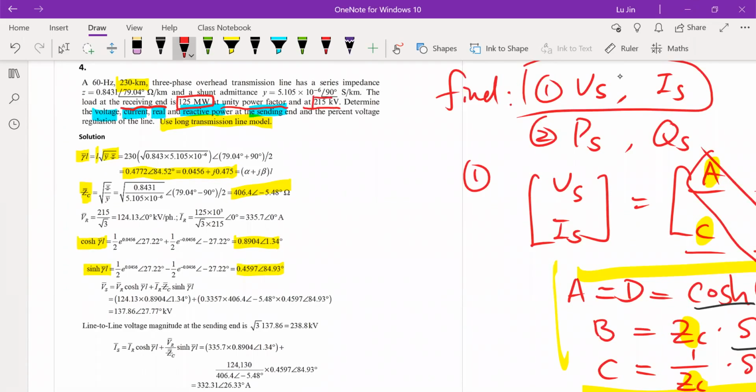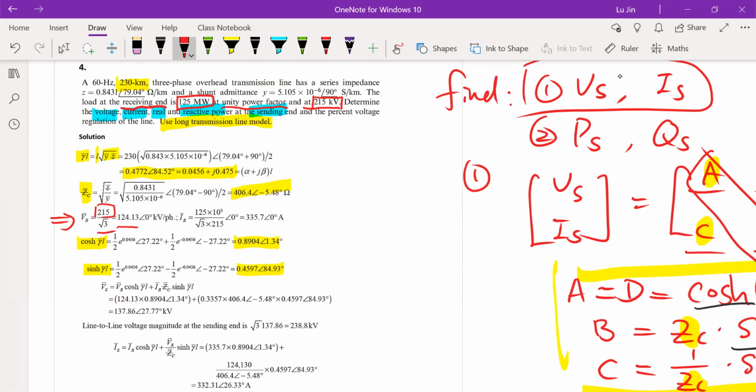This 215 kilovolts should be the line-to-line voltage at the receiving side. But we know from last week that we want to convert such line-to-line voltage at the receiving side to the phase voltage. So we divide this 215 by square root of 3 for a balanced system to convert the line-to-line voltage to the phase voltage.